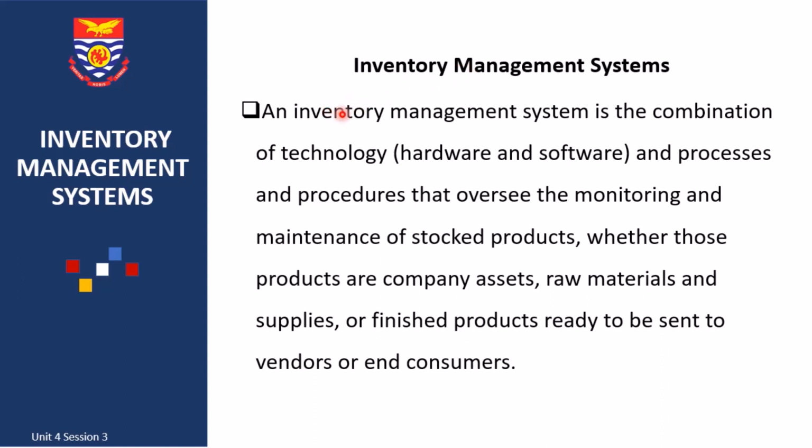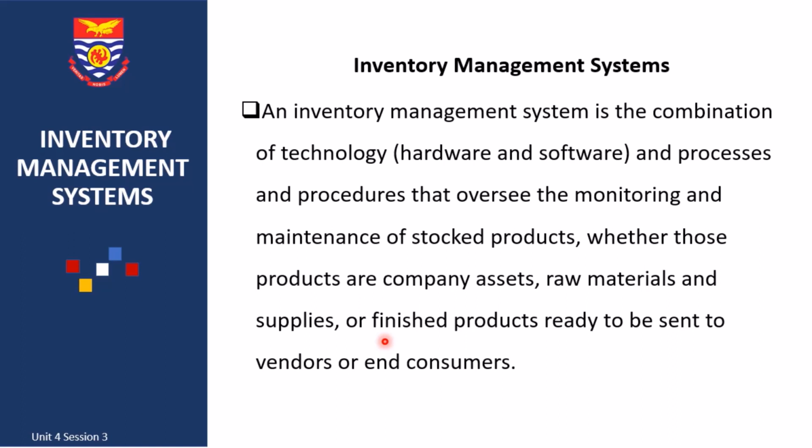So as the definition implies, inventory management system is a combination of technology which include hardware and software, as well as processes and procedures which oversee the monitoring and maintenance of stocked products, whether the products are a company's assets, raw materials and supplies, or finished products that are ready to be sent to vendors or end customers.